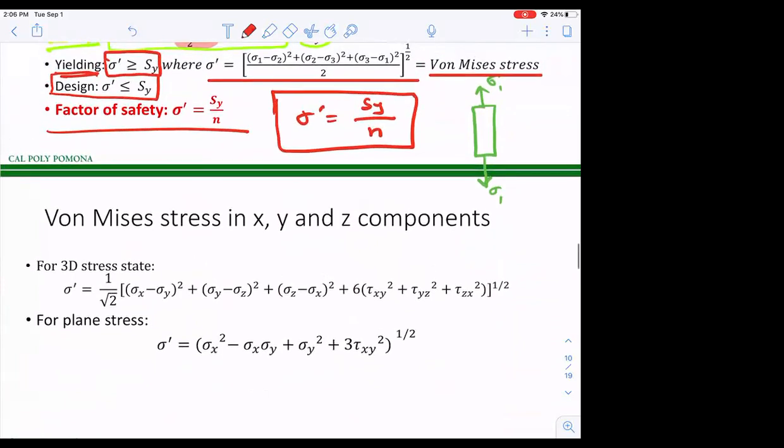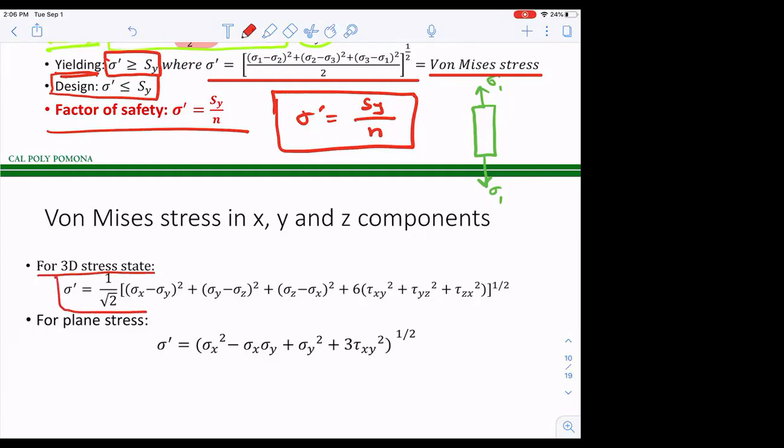So if the principal stresses are not given, say it is given in terms of shear stress and normal stresses: sigma x, y, z, tau xy, tau yz, tau xz. Then you can use this formula for the 3D state.